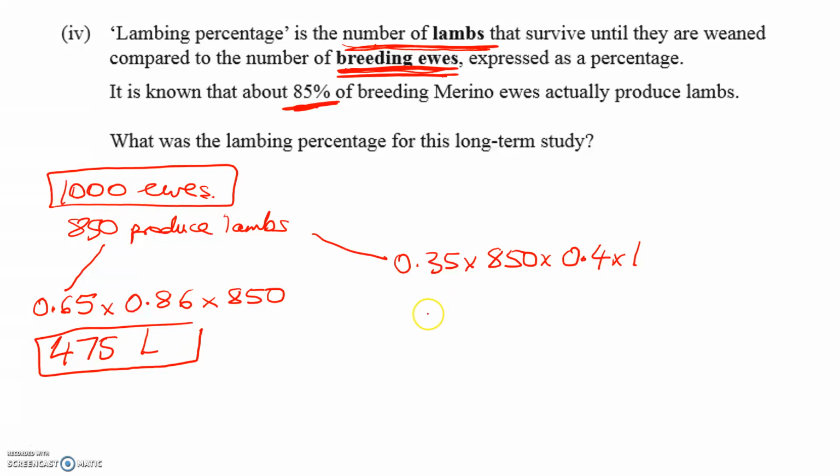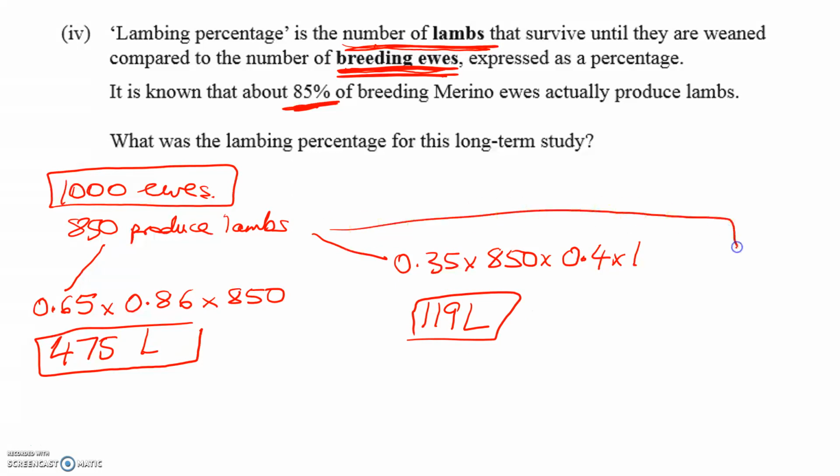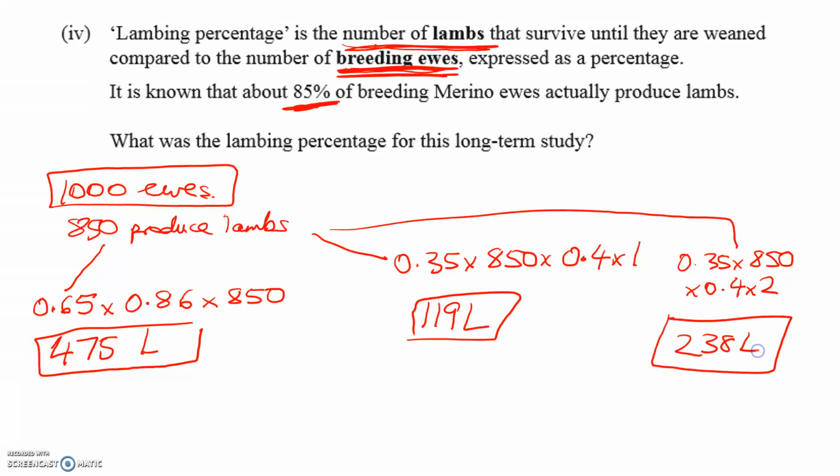Right, so that gives me 119 lambs. But don't forget, we've got, out of those 35% that have twins, 40% have twins where both survive. So that gives me 238 lambs.